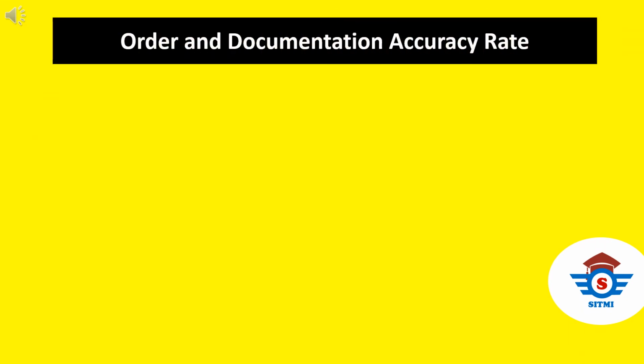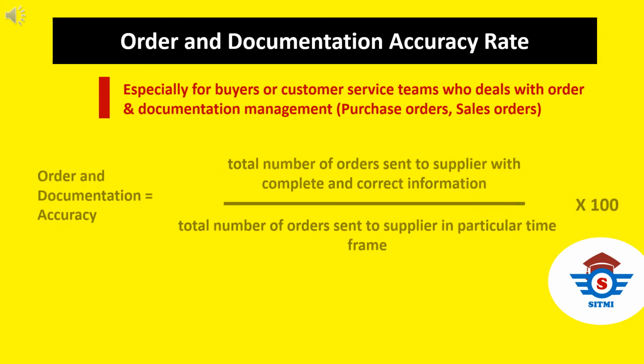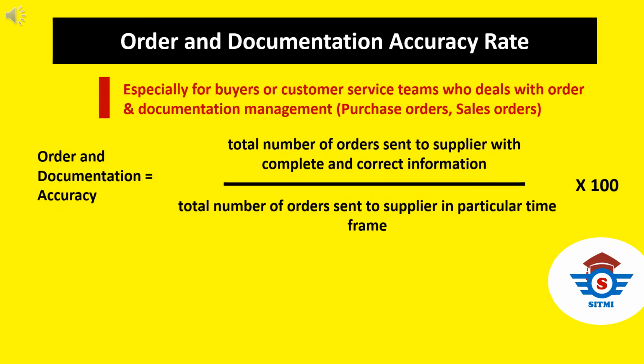Now let's take one of the key important metrics, that is order and documentation accuracy rate. This performance is more on the purchasing or buying role. In this calculation, the total number of orders sent to the supplier with complete and correct information is considered, and it is divided by the total number of orders sent to the supplier in that particular time frame. This is again measured as a percentage.